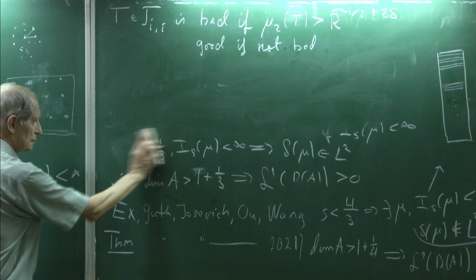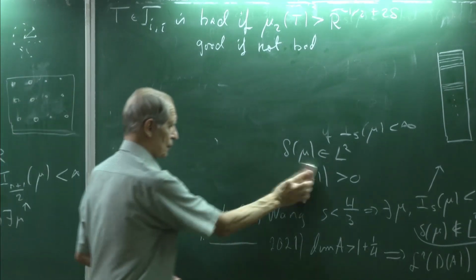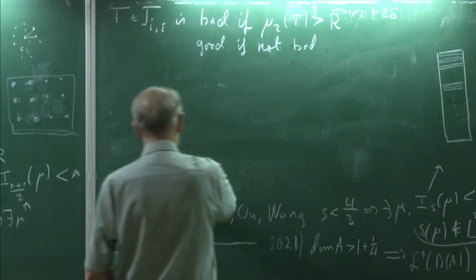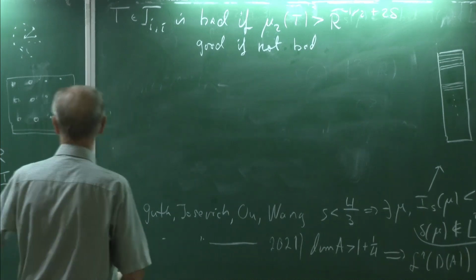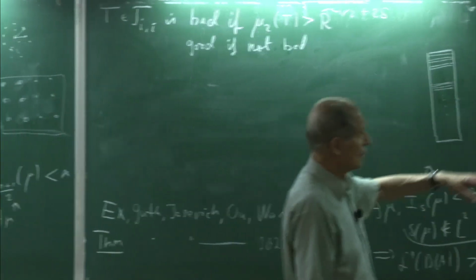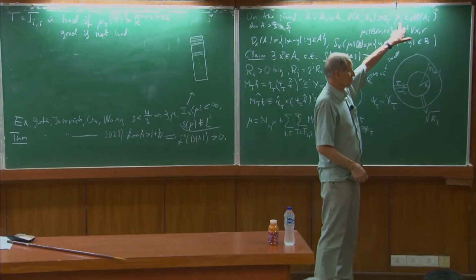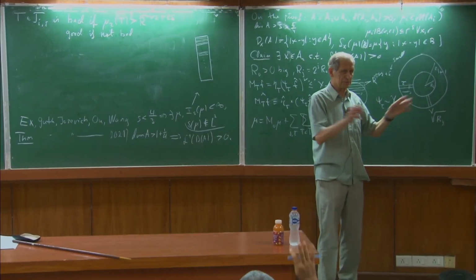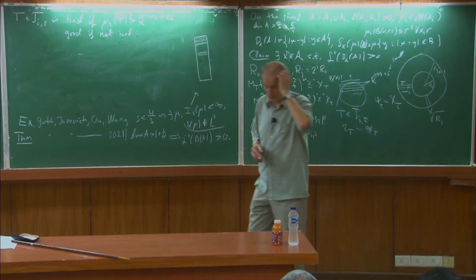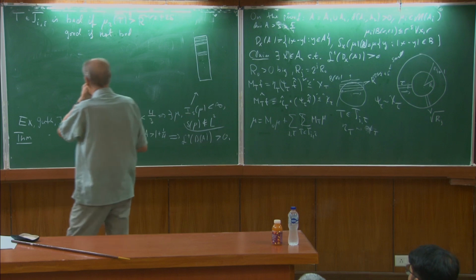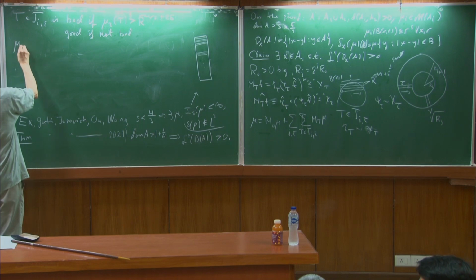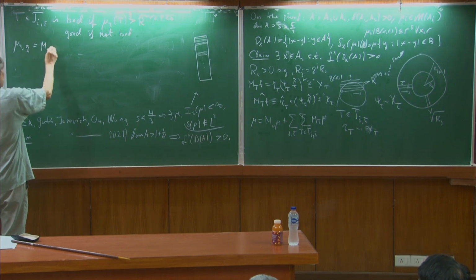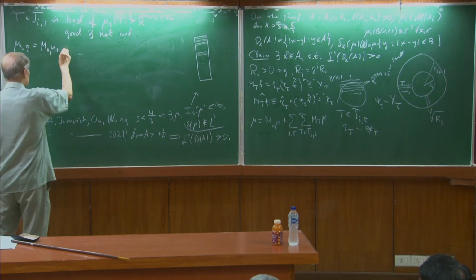And then I can define the good part of mu, which will be in L2. Mu2 is a Frostman measure on A2. So I have two parts, and mu1 is in A1 and mu2 is in A2. So I define mu1 good by this decomposition.